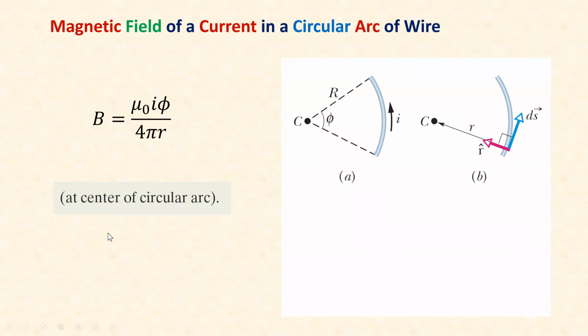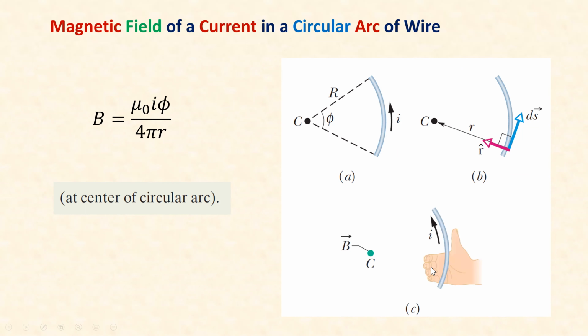So at any other angle, we have just a fraction of that, because all of the magnetic fields of any element at this point are in the same direction. They are out of the page, right? So they are all in the same direction, therefore they add up like numbers, basically.